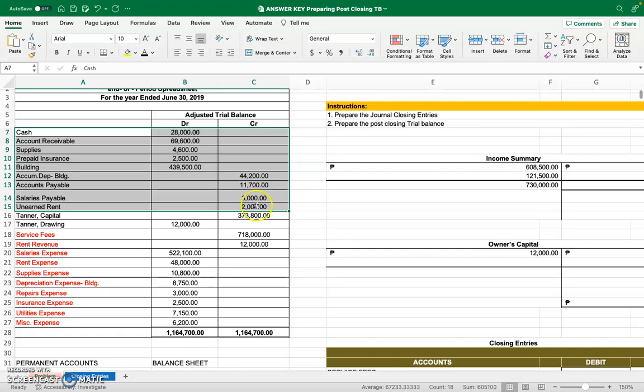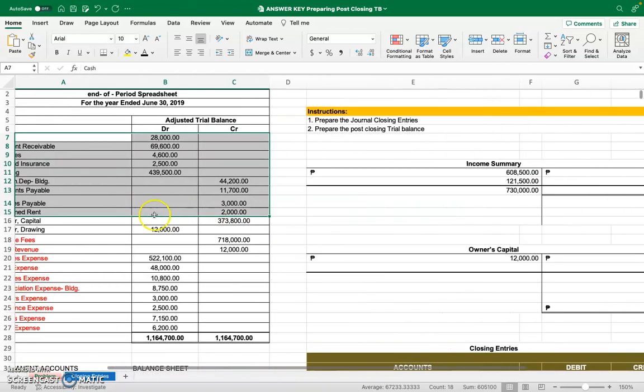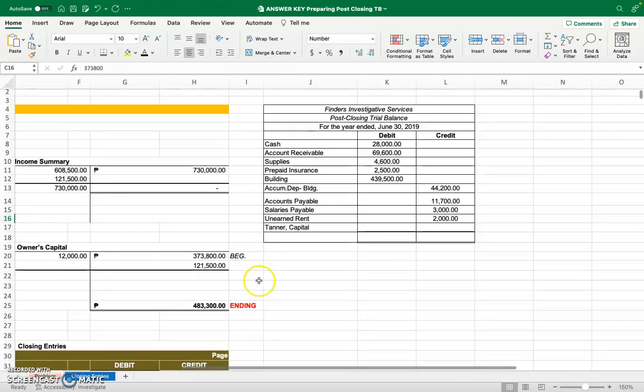And then what will change there is the Tanner capital. So from 373,800, the ending balance now is 483,300. Now, the goal of the post-closing trial balance is, of course, to see if the debit and credit are equal to one another.